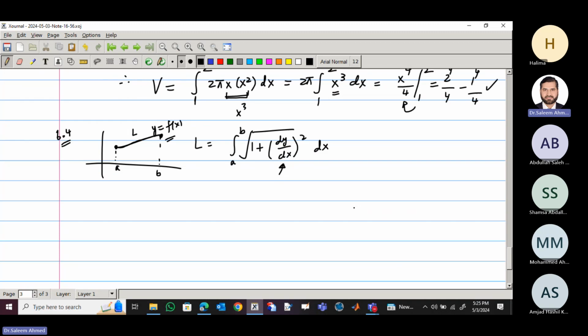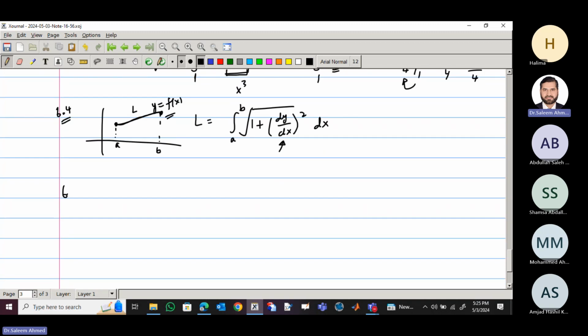Okay. In 6.5, instead of rotating the area, you are getting a curve. We are rotating this portion of a curve, right? So this comes here.